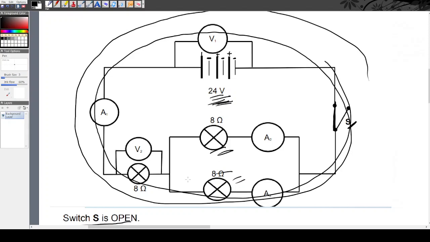And these three 8 ohm resistors are devices that consume energy. In other words, they eat up the energy. They will use that 24 volts. After that, when the 24 volts is maybe 0 volts, there won't be current around because there's no more energy. Hope that makes sense.